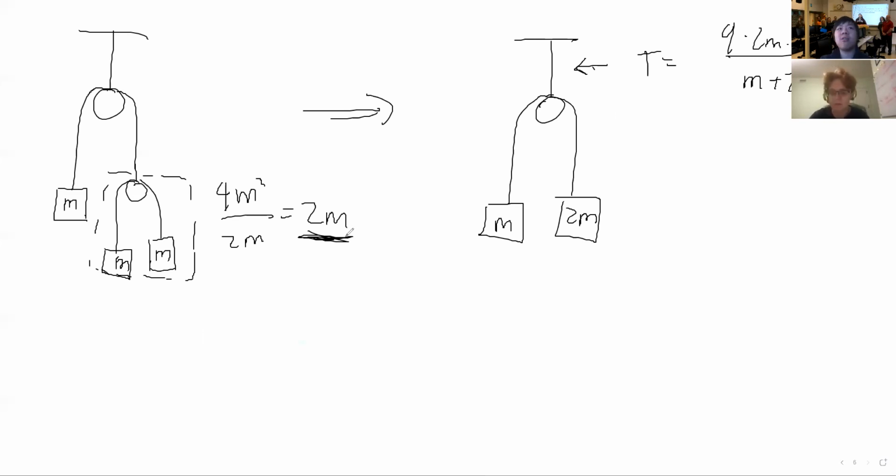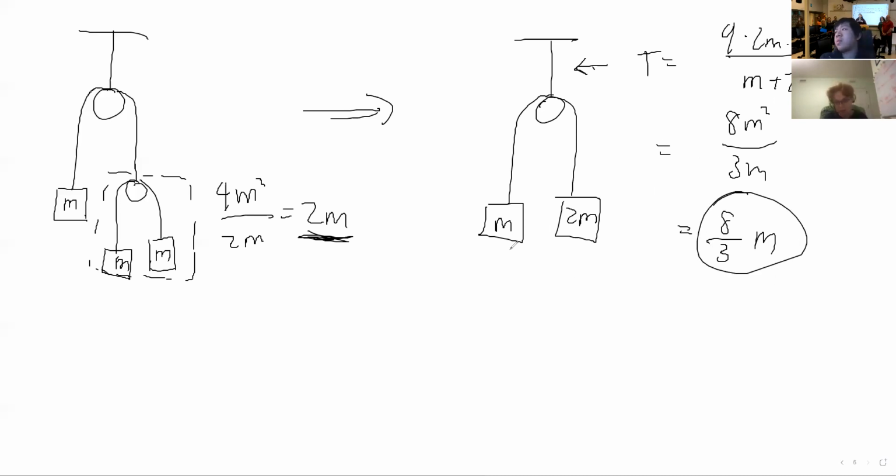So there is actually no motion. However, it still works. So you understand what I'm saying? Yeah, okay. And going back to this, it becomes 8m squared over 3m, which is equal to 8 over 3m.